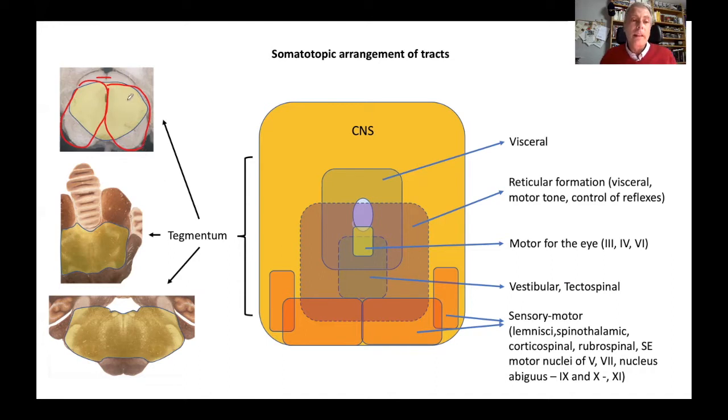So the portion of the cerebral peduncles that is located between the tectum and the substantia nigra is the tegmentum, okay? And ventrally we have this, the crus cerebri, okay? Formed by descending fibers, the cortico-pontine and cortico-spinal fibers.